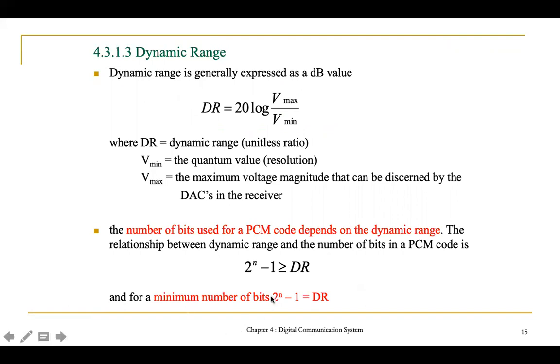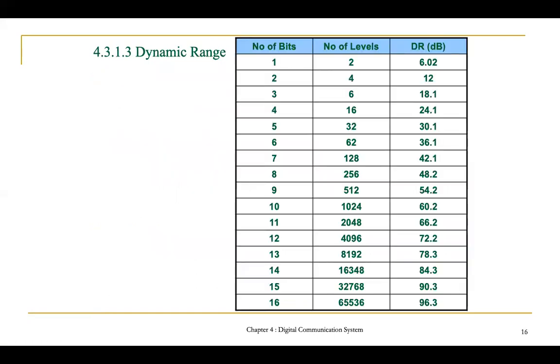Okay. And next, the number of bits used for a PCM code depends on the dynamic range. Okay, so you need to follow this formula. Okay, where the minimum number of bits is 2 to the power of n minus 1. Okay, so this is the relationship between dynamic range and the number of bits in the PCM code. Okay, so for example, this is number of bits, this is number of levels.